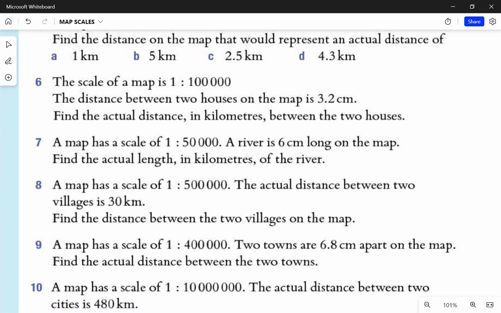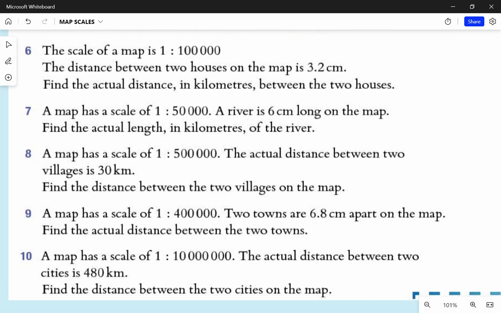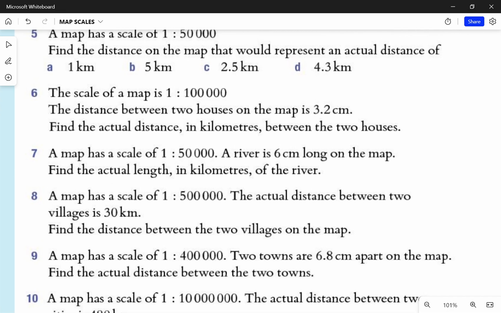Now, let me use find the actual distance. So we're finding the actual distance. Let me use the actual distance between two villages.